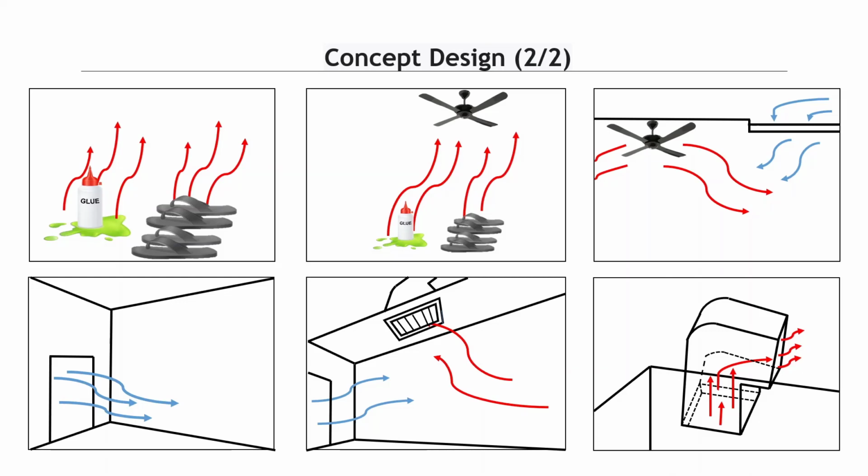It can be seen that the exhaust fan will bring the smell outside. It is illustrated that the red arrow is the smell of chemical, and blue is fresh air from the outside.